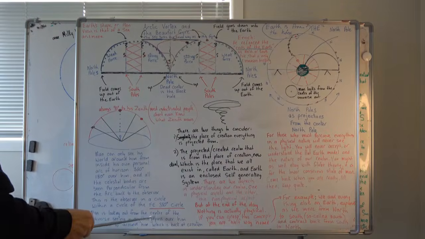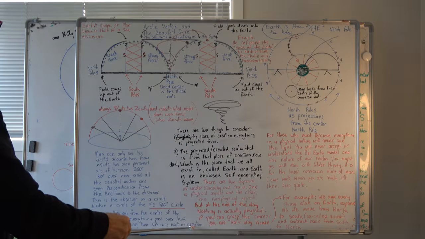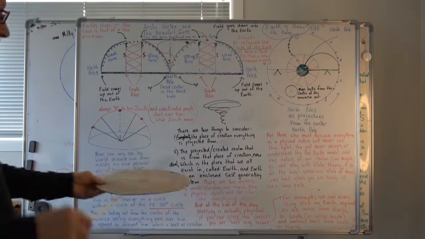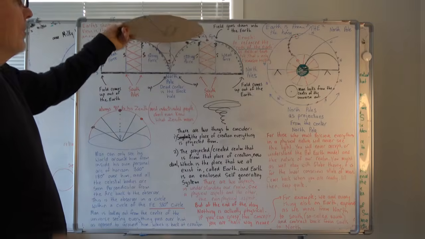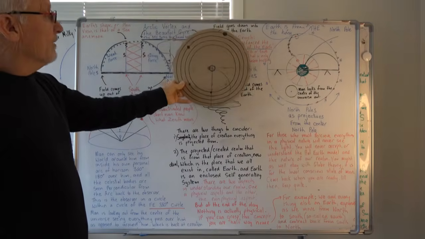Man is looking out from the centre of the universe, seeing everything pass over him, as opposed to around him, which is back at creation. Instead of seeing everything come around us like if we're back in creation, looking out from the centre, the black hole, we are perpendicular to creation, made vertical.